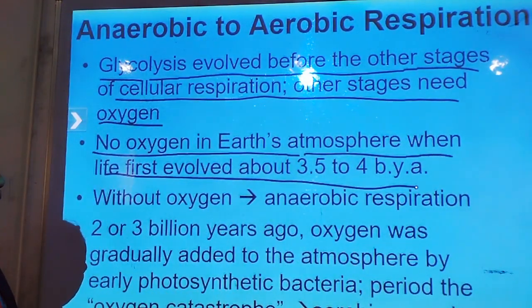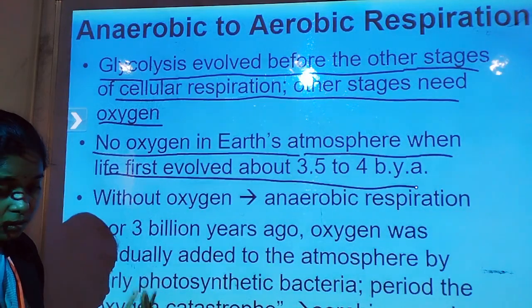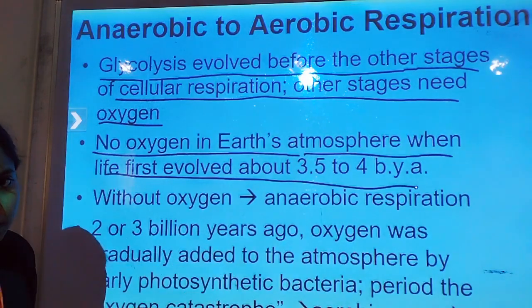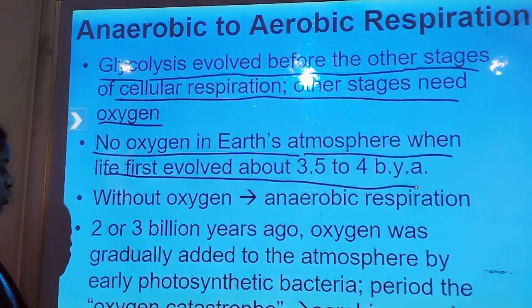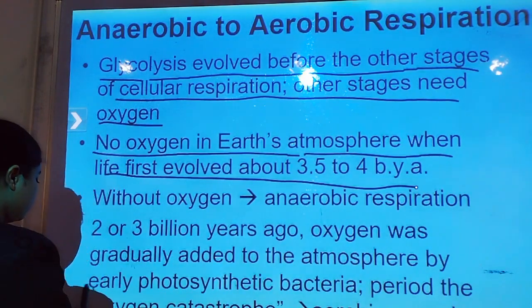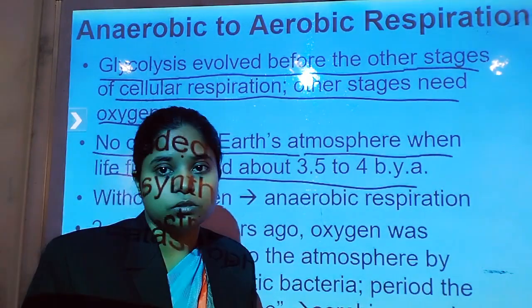So at that time also, living organisms still survived by anaerobic respiration without oxygen. That's why anaerobic bacteria can survive, because they still form 2 ATP in the absence of mitochondria and in the absence of oxygen.